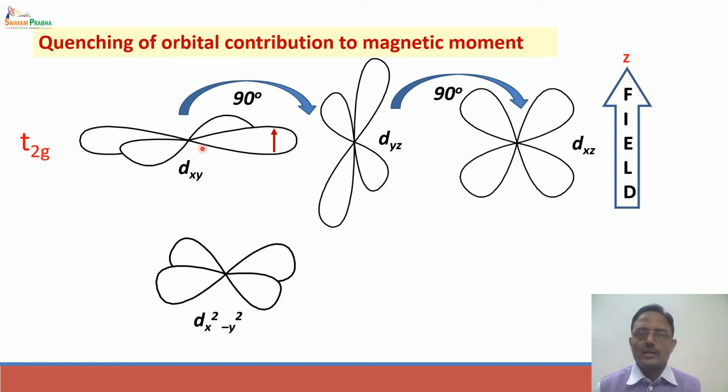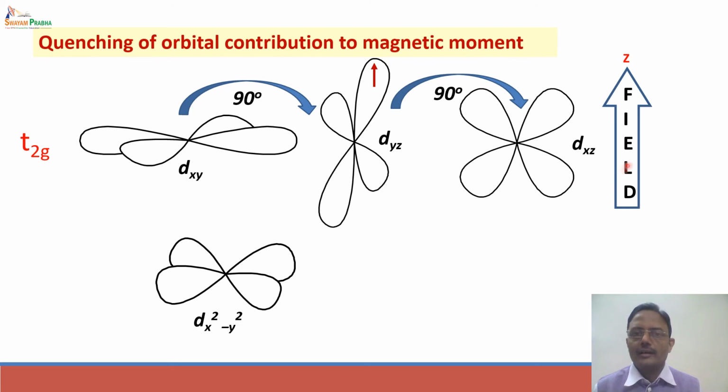In such a case, this orbital will transform by rotation by 90 degrees into either the dyz or dxz orbital, which have a z component in them. As a result, now the electron will be present in either the dyz or dxz orbital. It means that the electron has transformed from the dxy orbital into the dyz orbital, and this orbital has a z component in it.